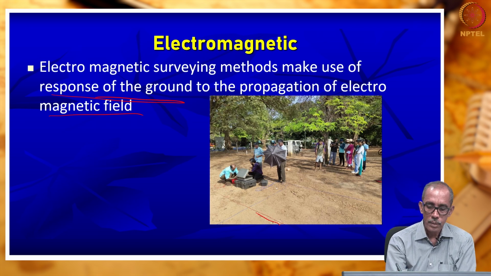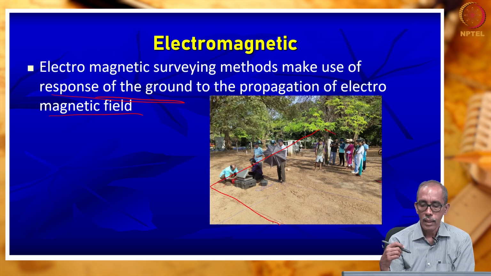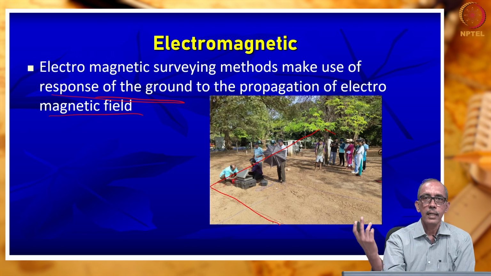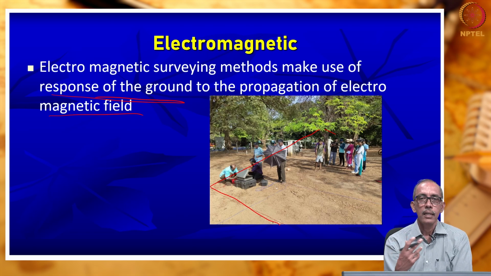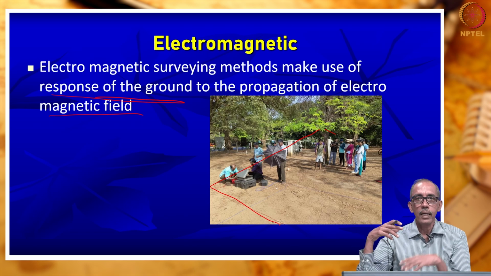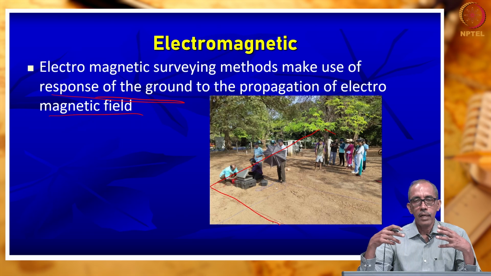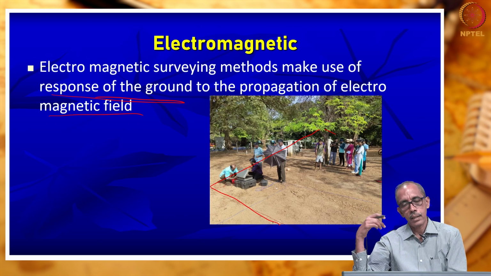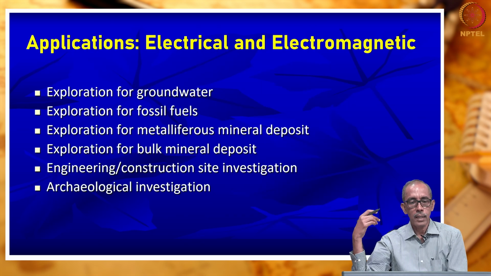A cable has been laid in the form of a square. This cable carries current. The current carried over this loop generates some magnetic field. Response of the magnetic field by the Earth's subsurface is studied in this method. This method is known as electromagnetic method.